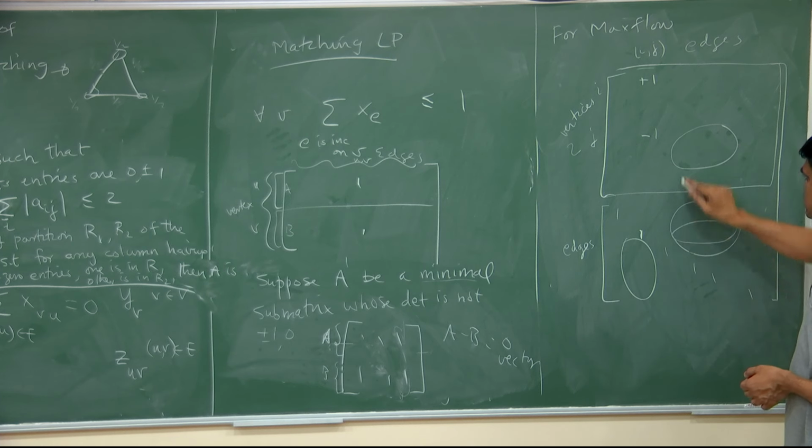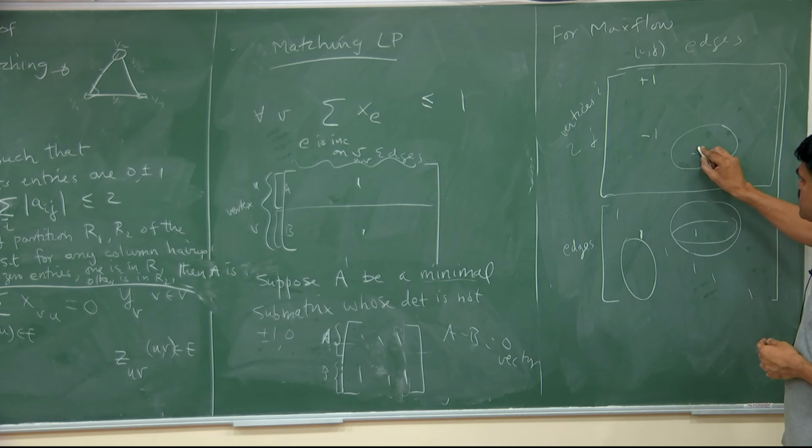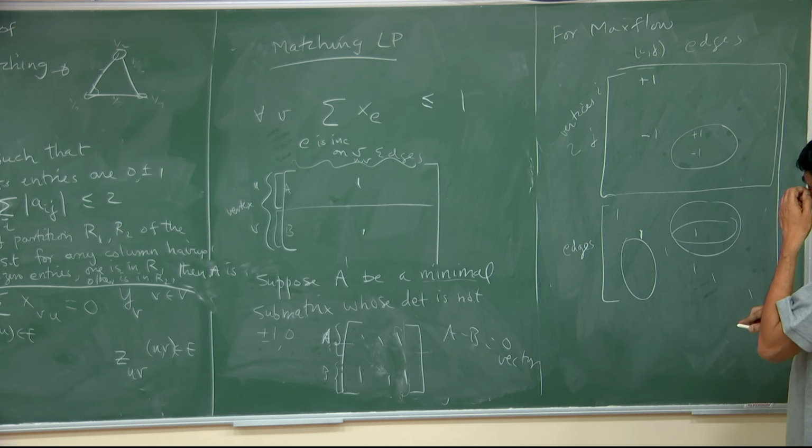Then if you look at this matrix, you can have a 1 here and a minus 1 here and a plus 1 here.